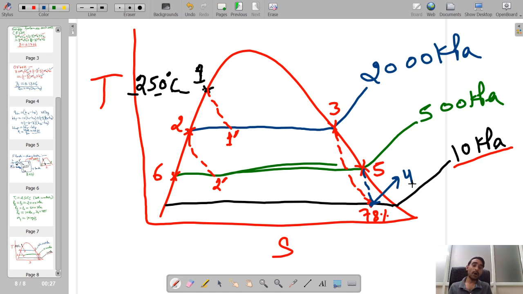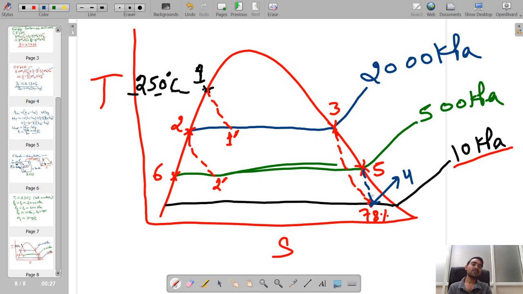One thing you have to remember here: in your question the exit quality was given as 78%. That's why I have drawn these as dotted lines, because they represent the effect of irreversibilities.